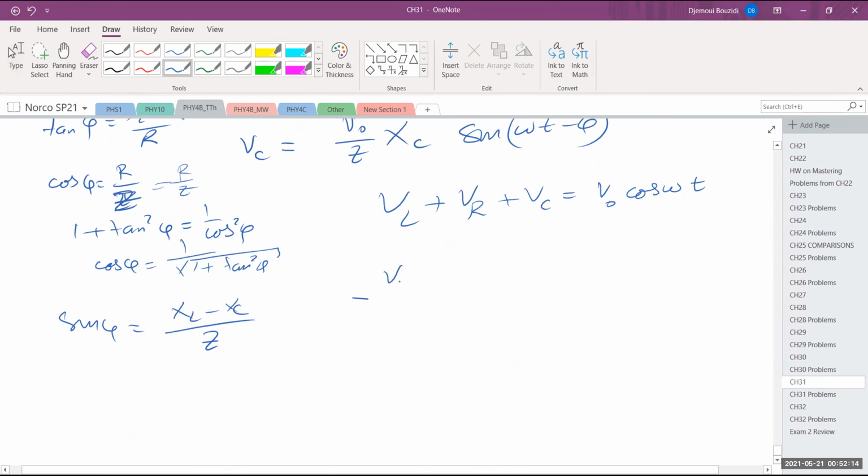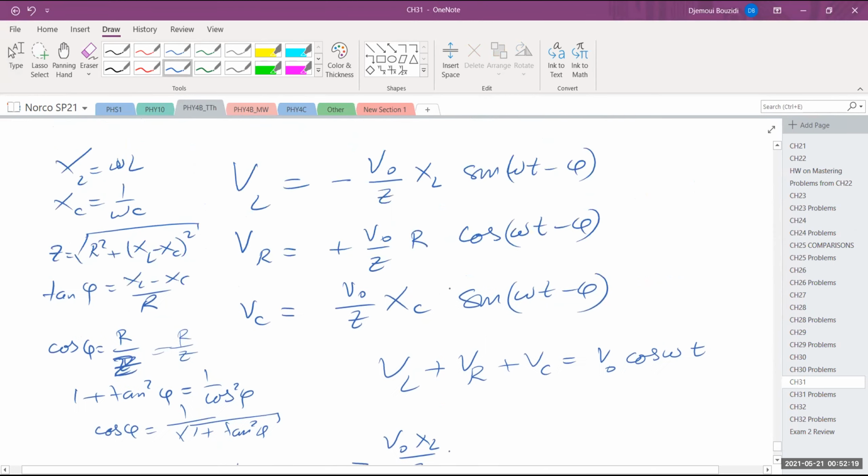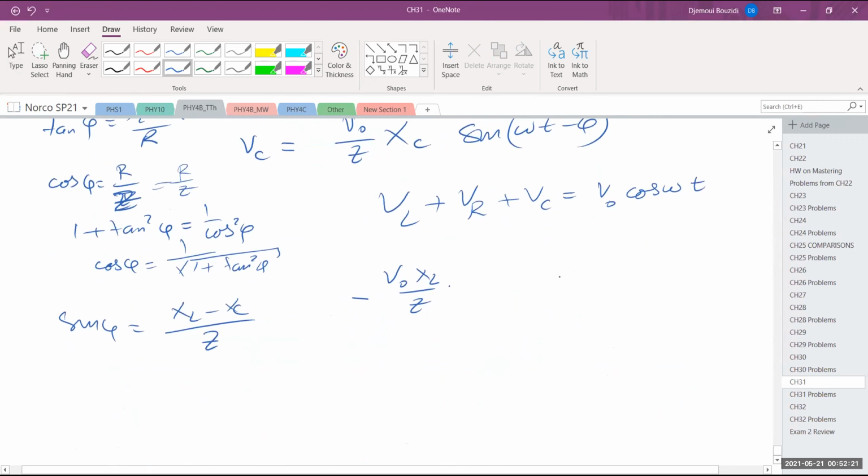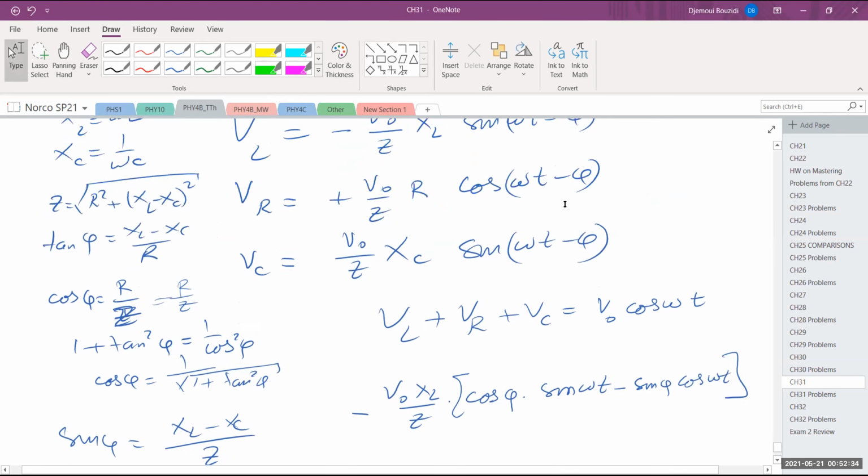So we have minus V naught times XL over Z times open parentheses, which is cos phi times sine of omega t minus sine of phi cos of omega t. Okay, that's one term.